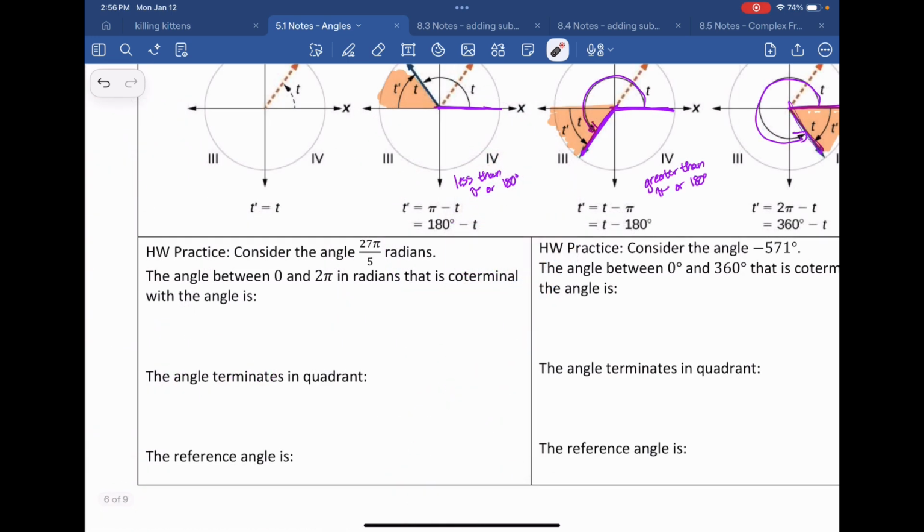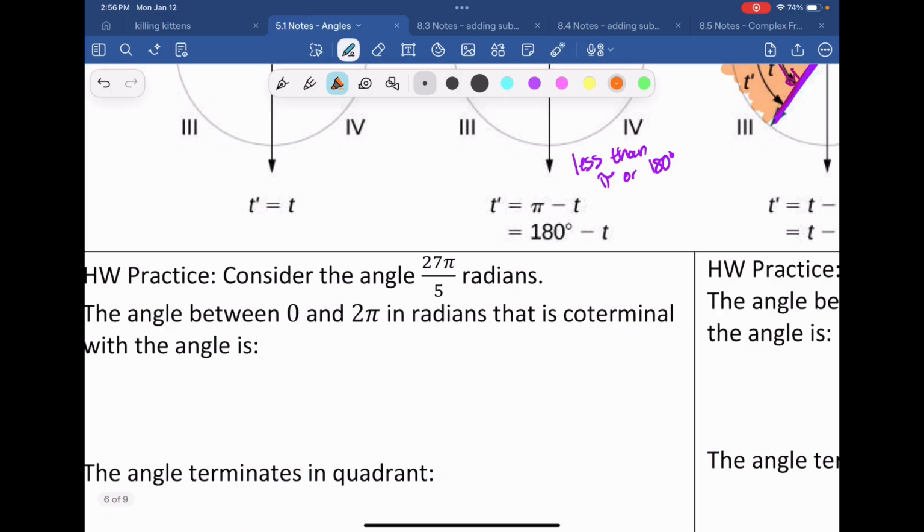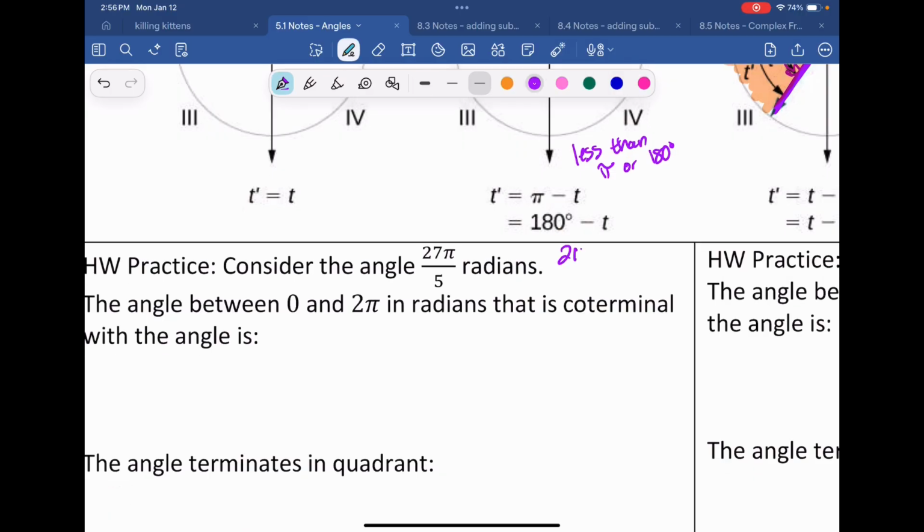All right, consider the angle 27 pi over 5 radians. I need the coterminal angle. I'm going to figure out where it terminates and then find its reference. So to figure out the coterminal, I need to figure out how it relates to 2 pi. Well, that denominator is 5, so I'm going to multiply by 5, which makes 10 pi over 5.